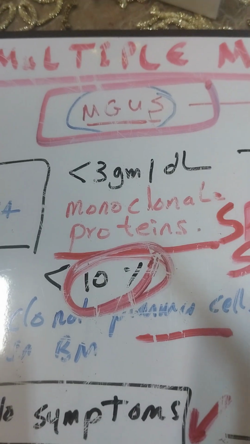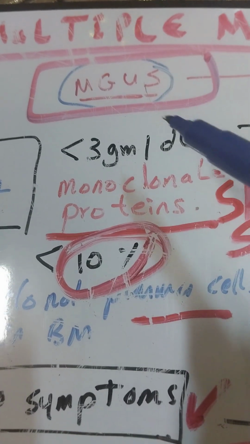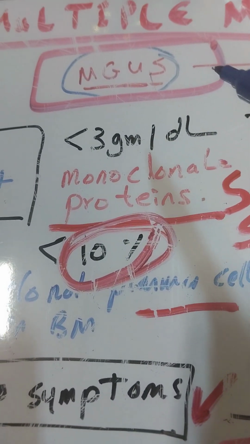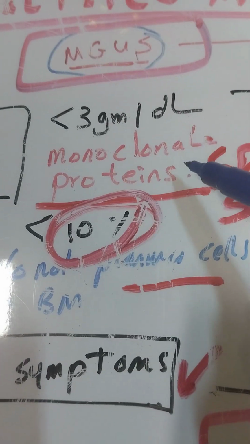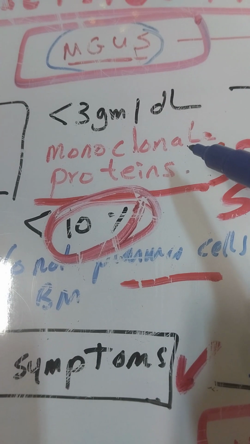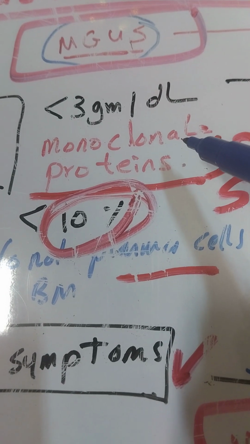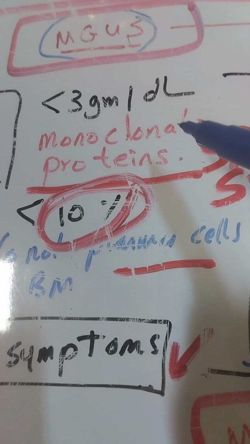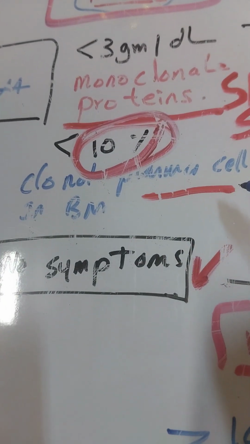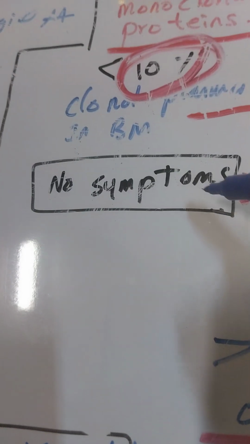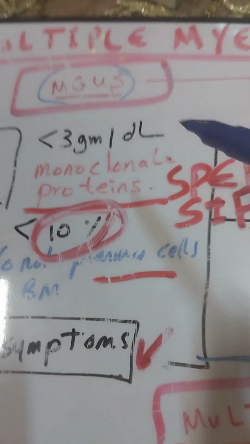Stages of multiple myeloma. Here we have three elements. Number one, the immunoglobulin produced, which are called the monoclonal proteins or the gamma globulins; the plasma cells themselves in the bone marrow; and the clinical manifestations of multiple myeloma.